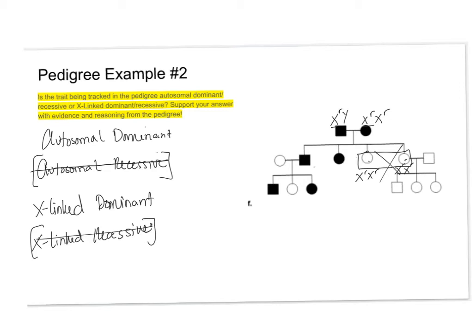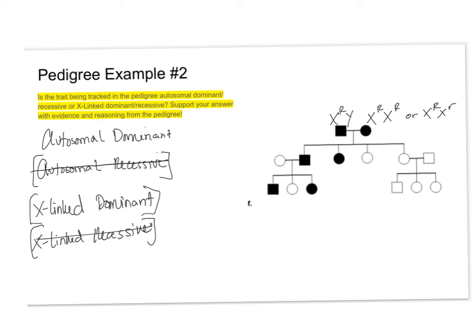So for X-linked dominant, let's run through this with the genotypes again. That means that the father must have this genotype, and the mother, the 2 options could be that she is homozygous dominant or heterozygous, like this. Both would give the phenotype.